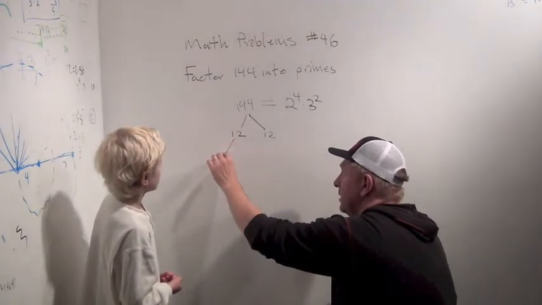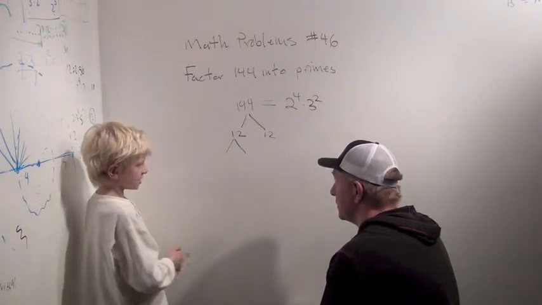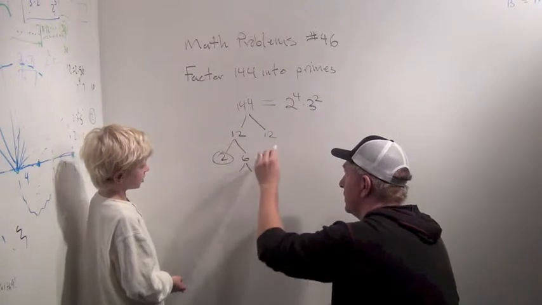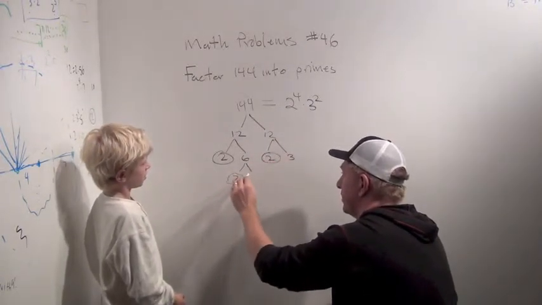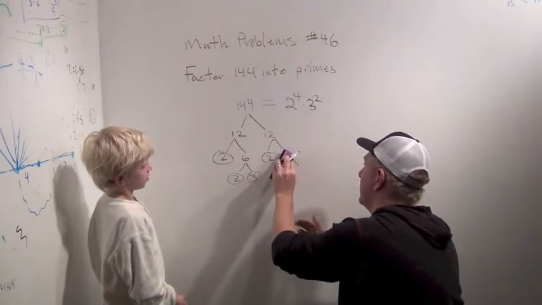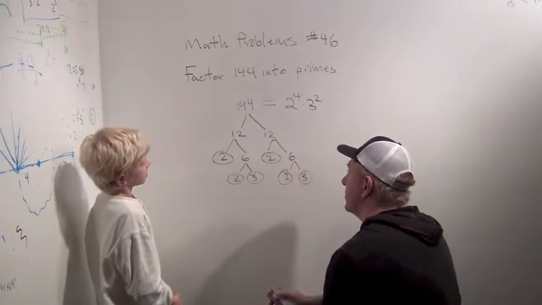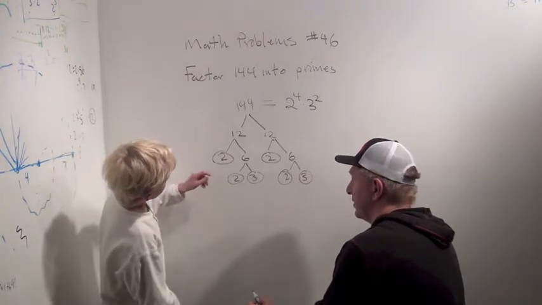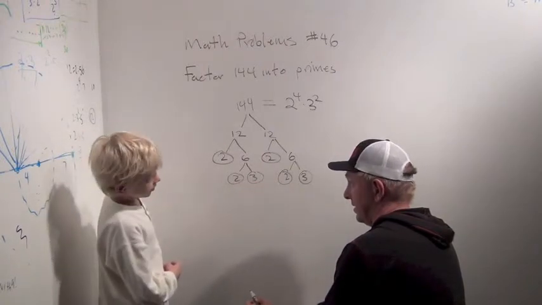What does 12 equal? 12 is 2 times 6, which is 2 times 2 times 3. This 12 is also 2 times 6, which is also 2 times 3. Okay, so as long as we just circle the primes, now we can count the 2's. How many are there? There's 1, 2, 3, 4 2's. And how many 3's? 2 3's.